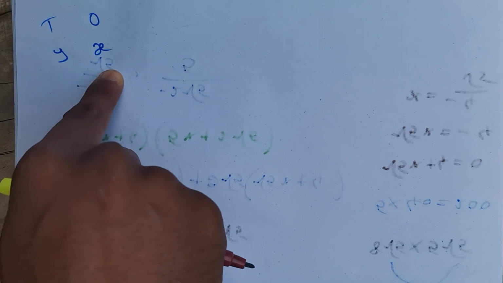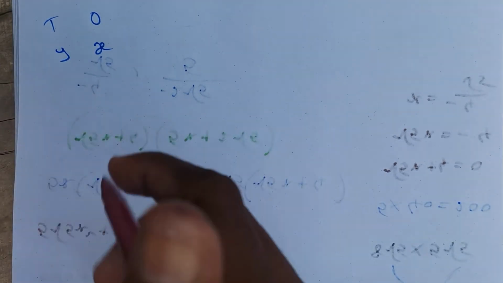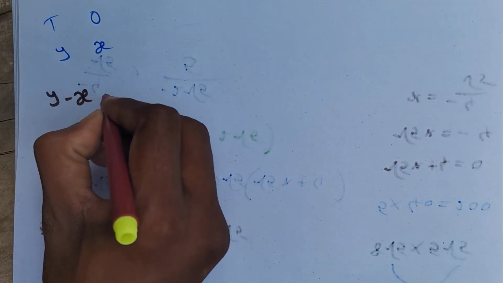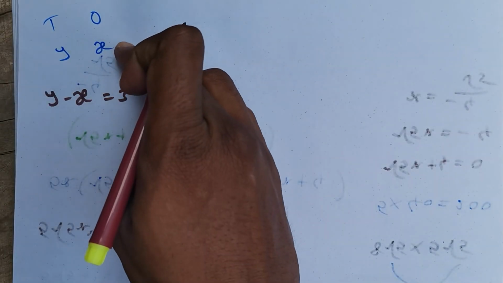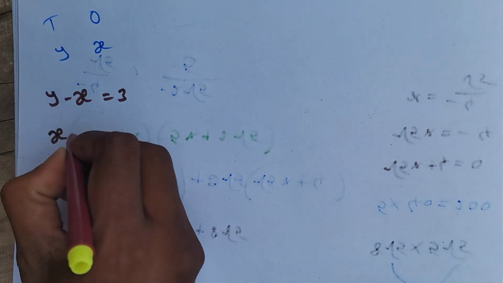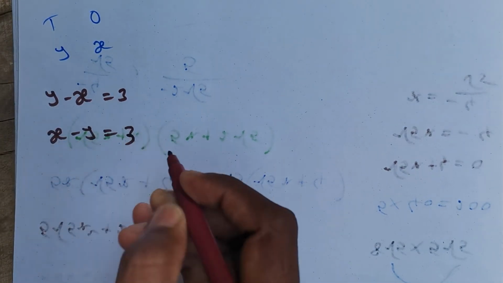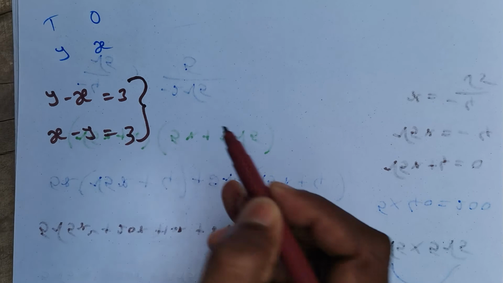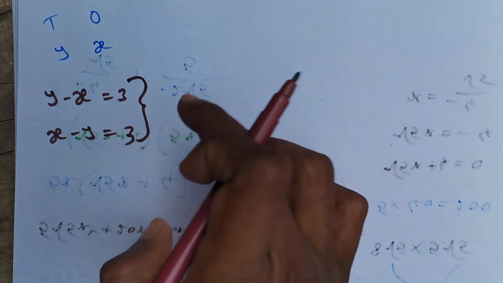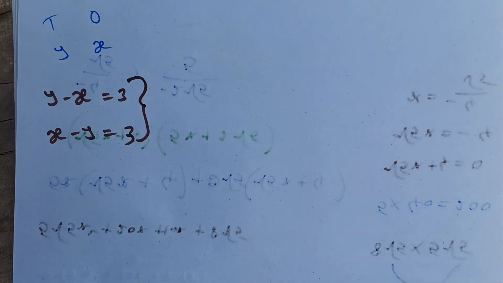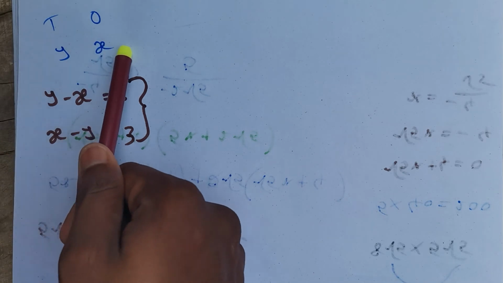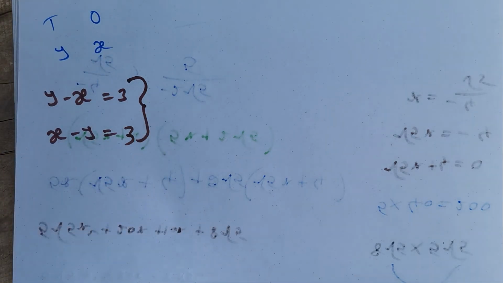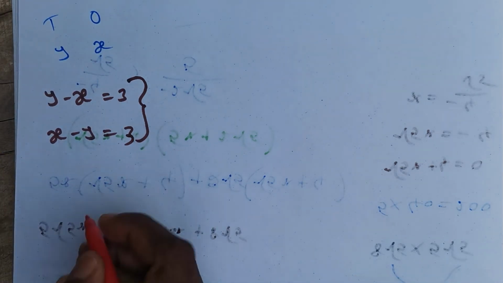So first, if the tens digit is bigger, y minus x is equal to 3. In case the ones digit is bigger, x minus y is equal to 3. From the second condition two possibilities are there, because he said only difference, but we don't know which number is bigger. So both these conditions we got, and the first equation as it is, x is equal to 2y.